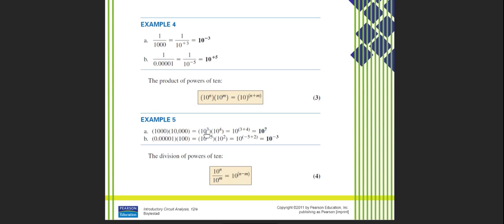For example, 10 power of 3 multiplied by 10 power of 4: I will write down 10 and add up the powers. So it will be 10 power of 7.